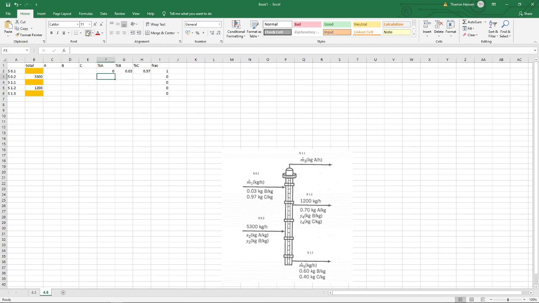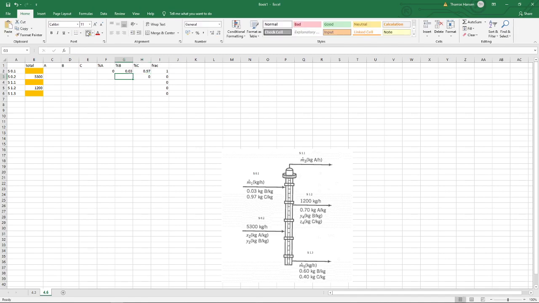So compositions in 0, 2, we actually only know that we don't have any C. So when they write it like they have done in this case, you know that there's no C present. Otherwise, they would have to write Z2 of C in kilograms of C per kilogram.